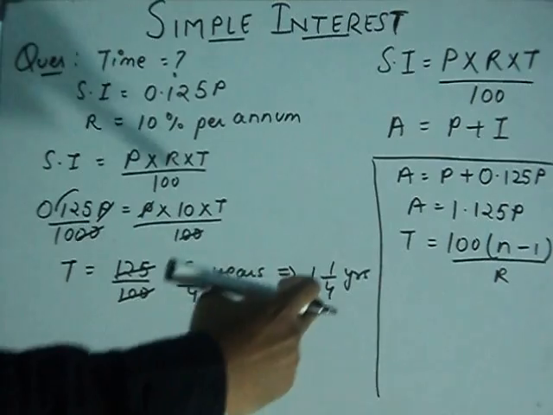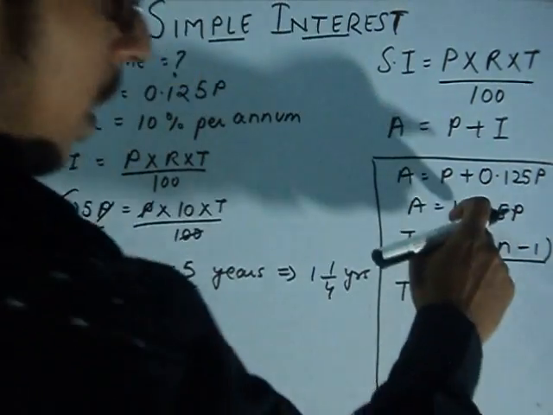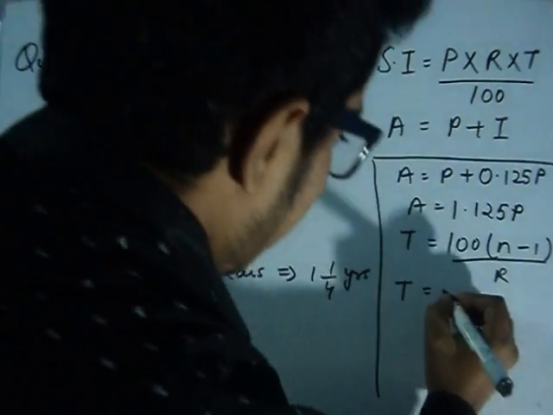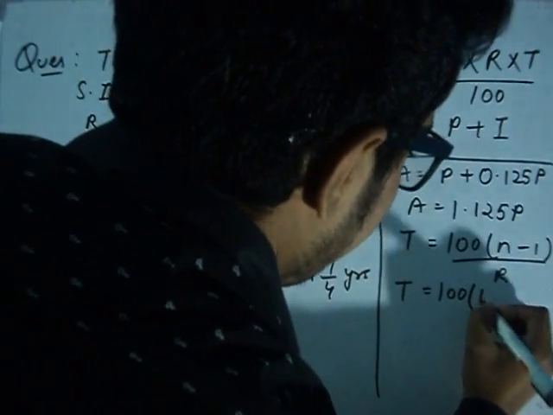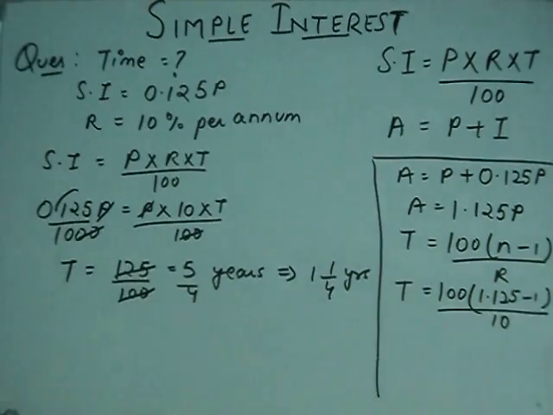So we substitute our values: 1.125 minus 1 upon r, times 100.